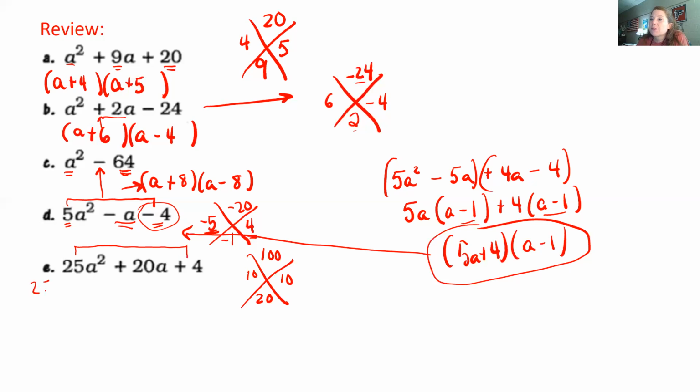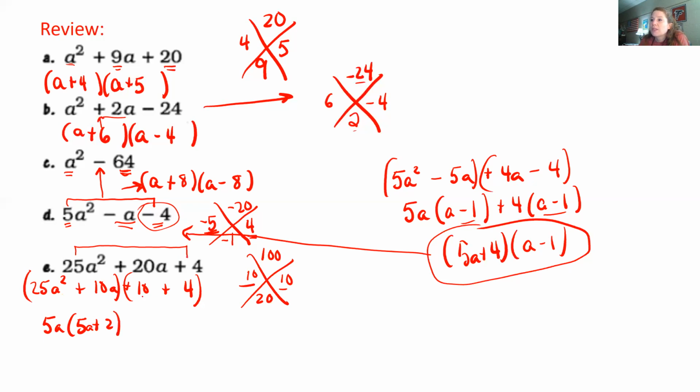So we're going to bring down the first term. We're going to rewrite the second term 10a. We're going to rewrite the third term 10a. And we're going to bring down the fourth term. And then we're going to do our grouping strategy. We can divide both of these numbers by 5a. We get 5a plus 2.